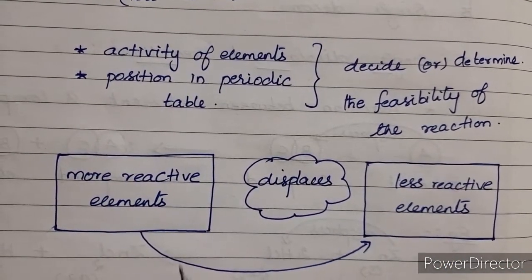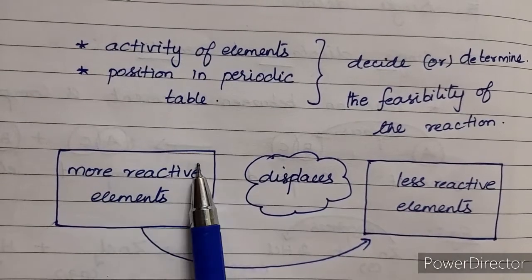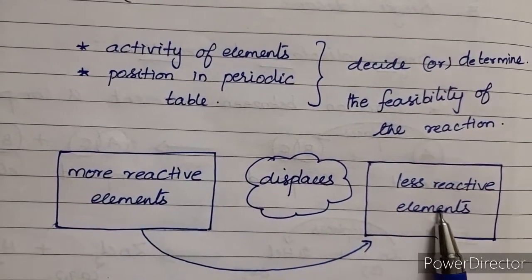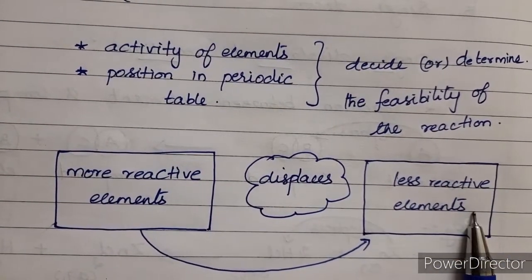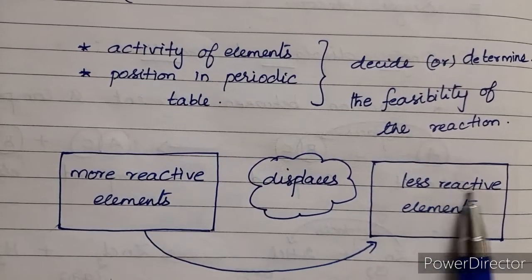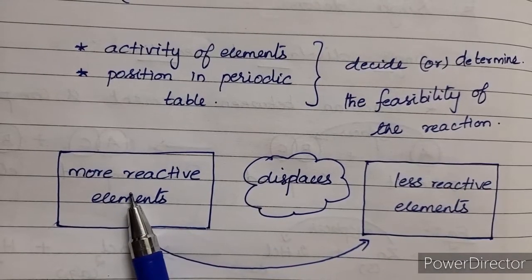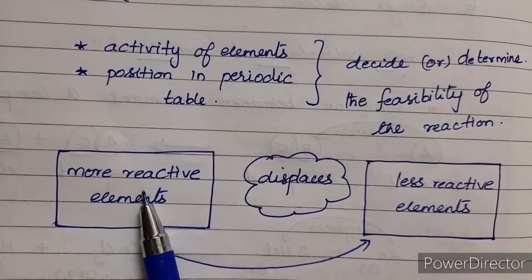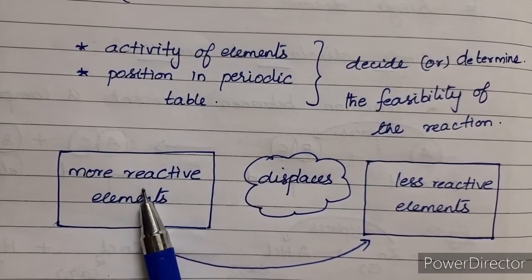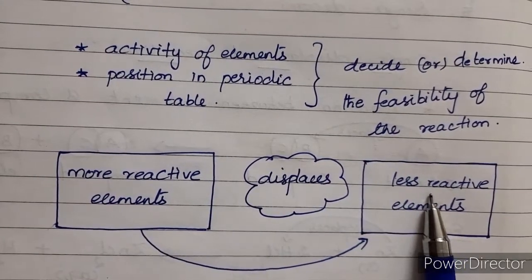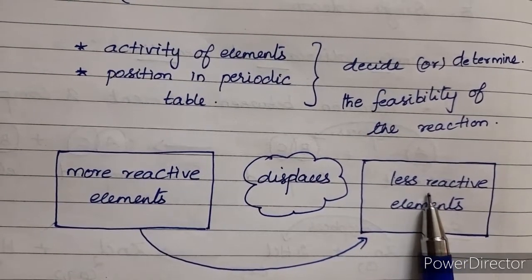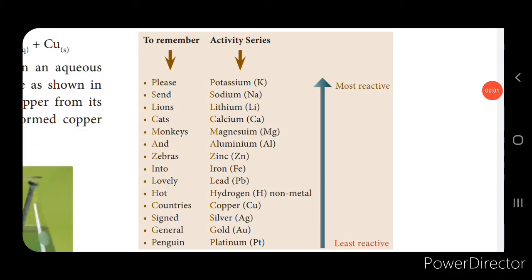Always remember that the more reactive elements displace the less reactive elements. It does not occur the other way, that is, the less reactive elements do not replace the more reactive elements. So always remember that the more reactive elements displace the less reactive elements. So in the displacement reaction, the feasibility of the reaction is determined by two key factors, isn't it, children?